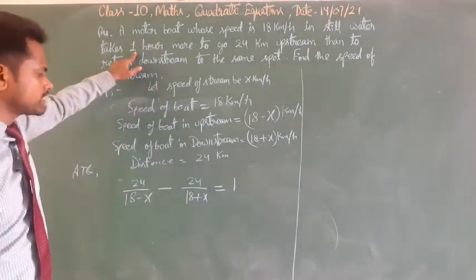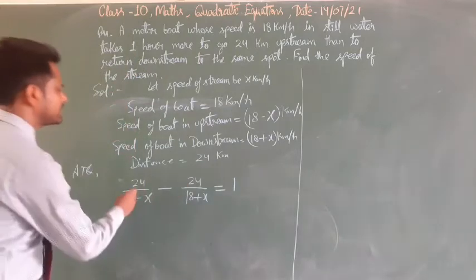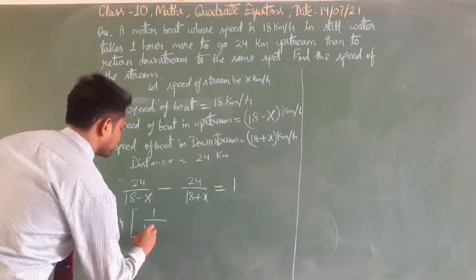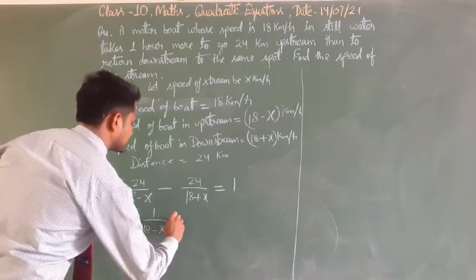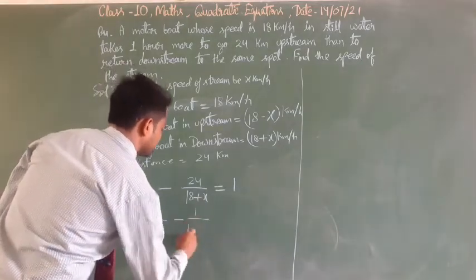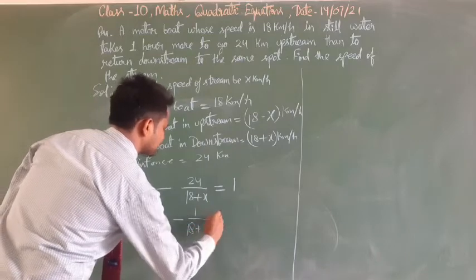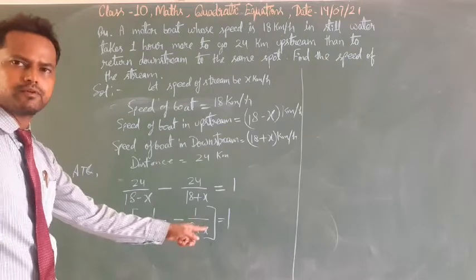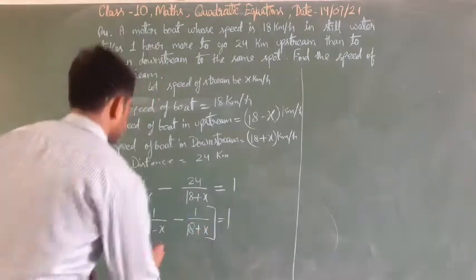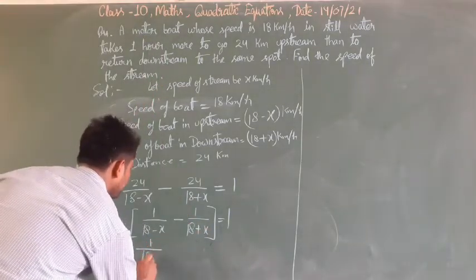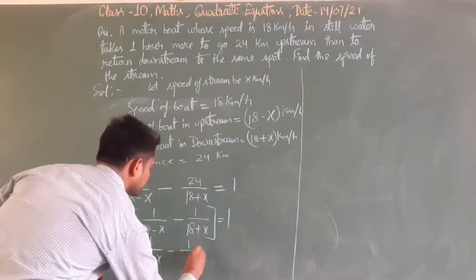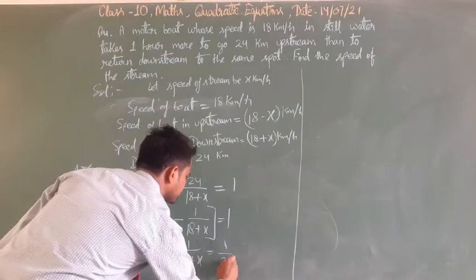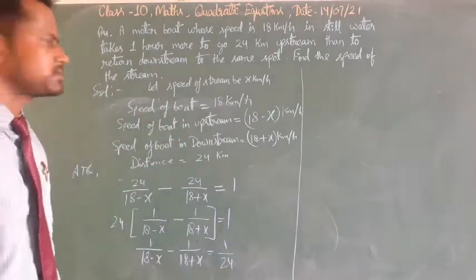Got it? Now take 24 as common, then we get 24 times 1 upon 18 minus x minus 1 upon 18 plus x is equal to 1. Divide by 24, we get 1 upon 18 minus x minus 1 upon 18 plus x is equal to 1 by 24. Now solve this expression.